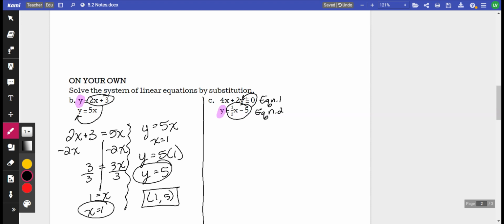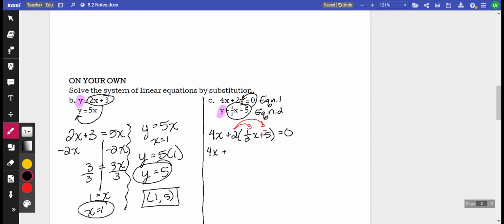for my first equation. So that becomes 4x plus 2 times my y value, which is 1/2 x minus 5, and that equals 0. All right, so I see that there is subtraction. I want to add the opposite. Now I want to distribute 2 times 1/2 x and 2 times negative 5.